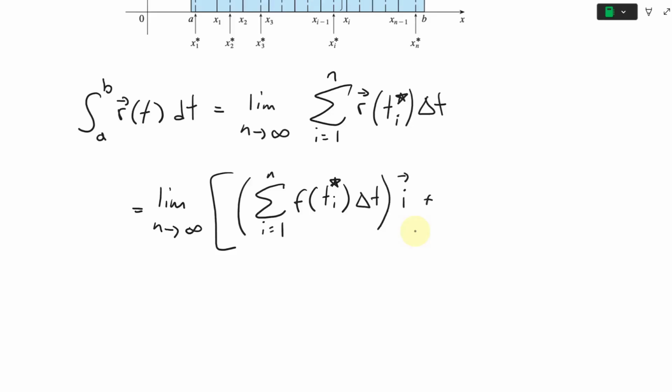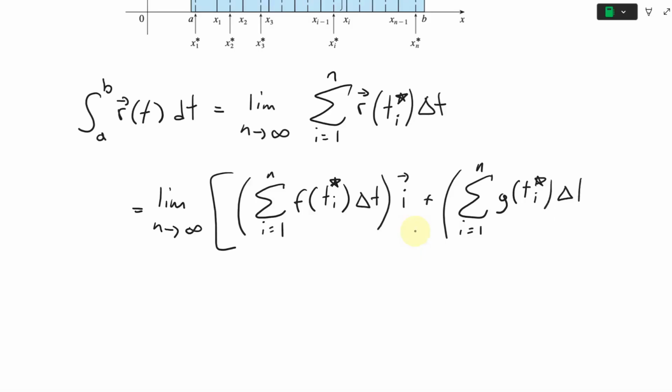Now the next one is the same thing: i equals 1, g, the y component, g of ti star, delta t.